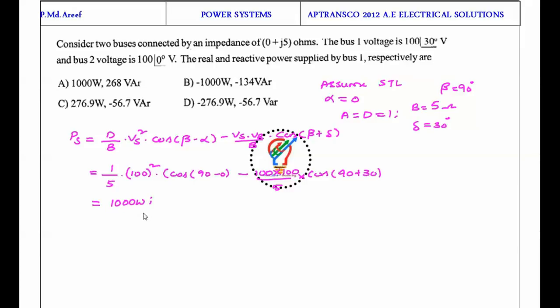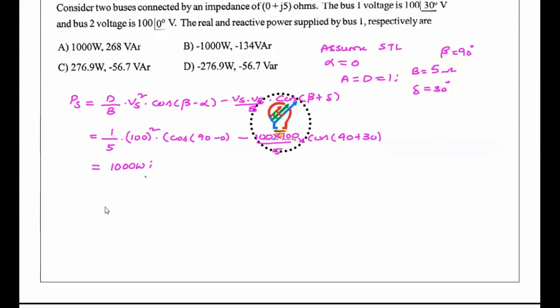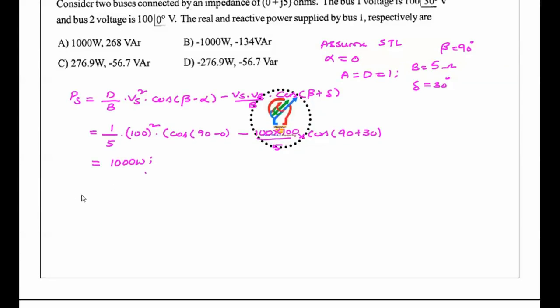Similarly, we can go for the reactive power calculations. So what is the reactive power? QS is equal to the same formula again: 1 by B Vs square into sine(beta minus alpha), minus Vs Vr by B into sine(beta plus delta).